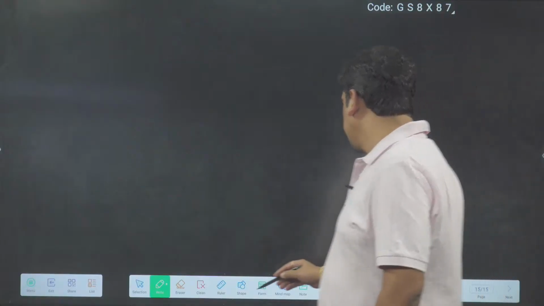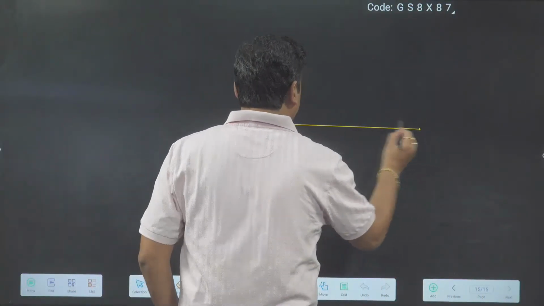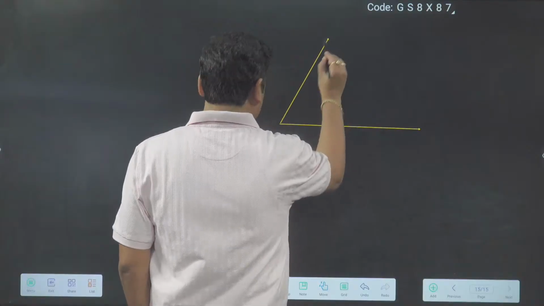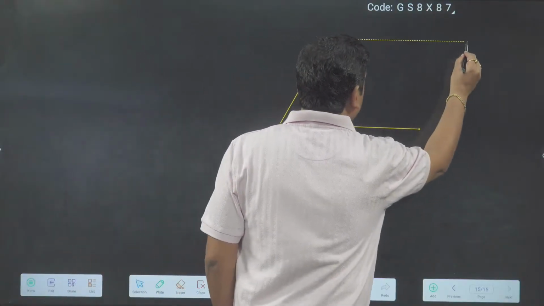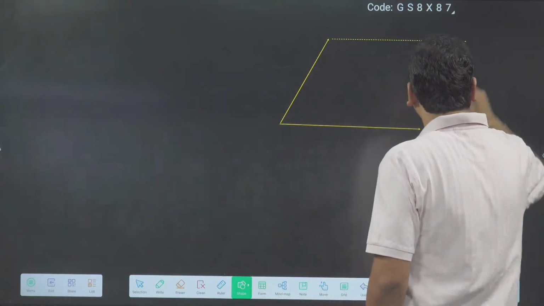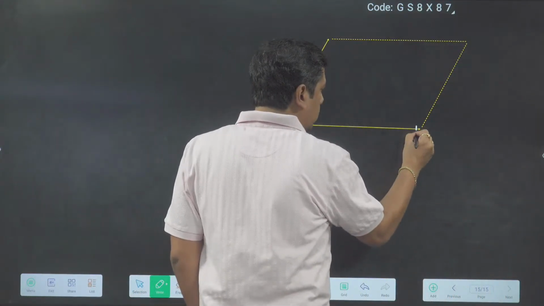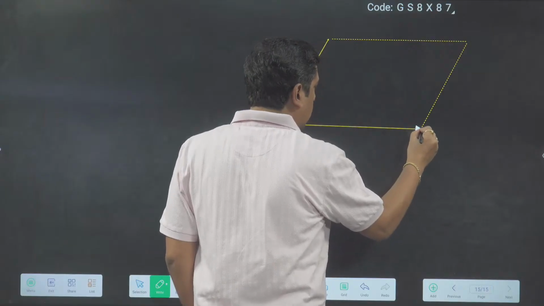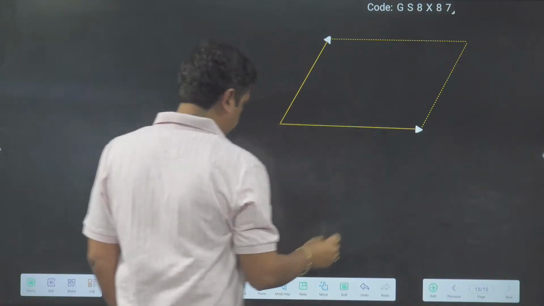Another thing, and that will be the last thing, don't worry. If you remember parallelogram law, beta, join the vectors tail to tail.